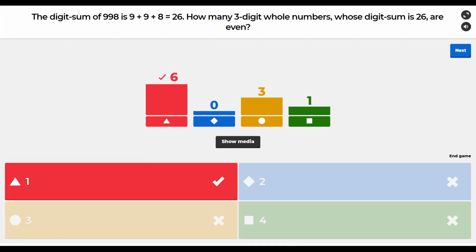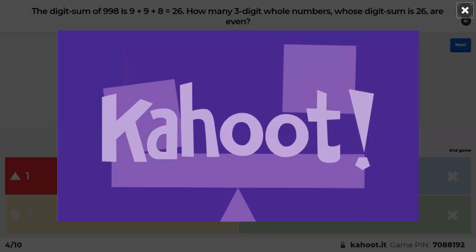Okay, even if there's 1 second left, please don't say the answer in the chat, because who knows, there could be people fast enough to click the right answer within a second.